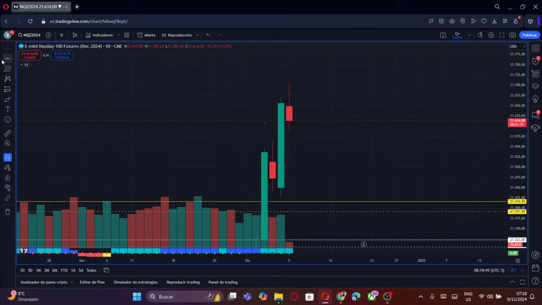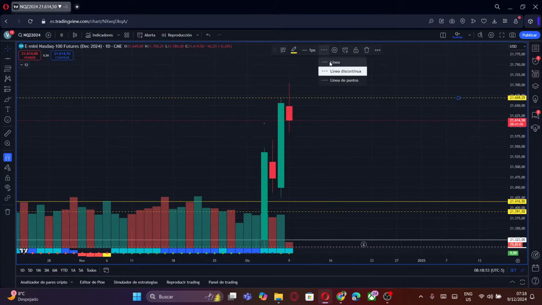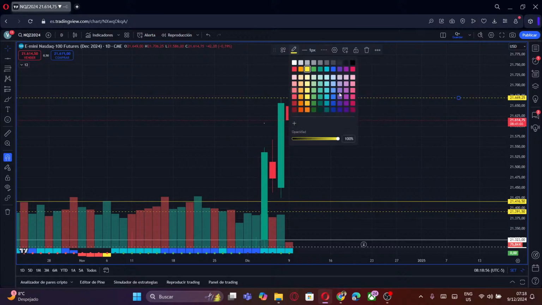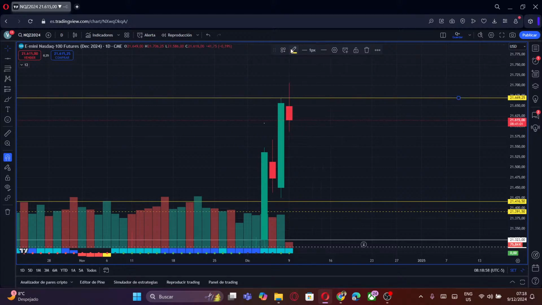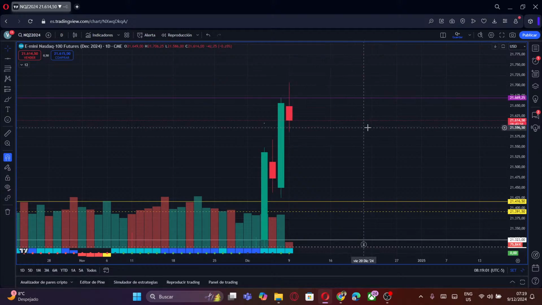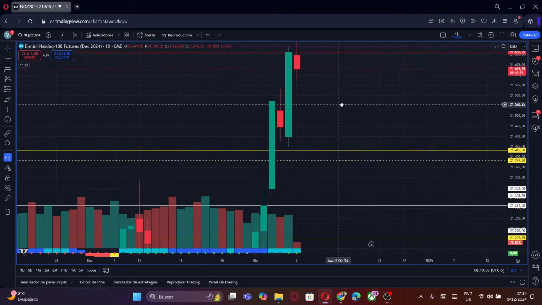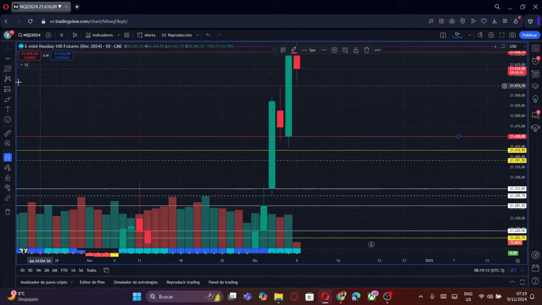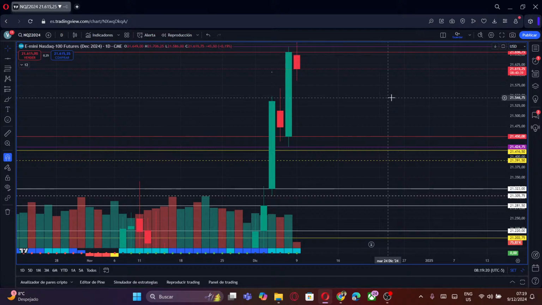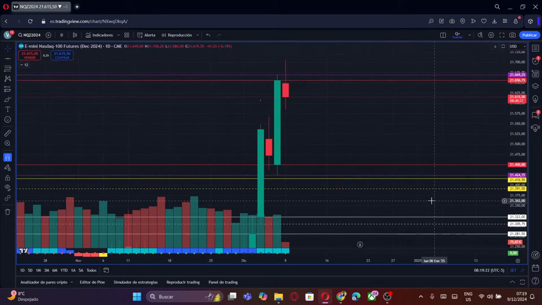It's going to start with the high. This line is going to be purple. This one's going to be red. This one's going to be red as well. This one's going to be purple. Perfect, so my daily ones are marked.